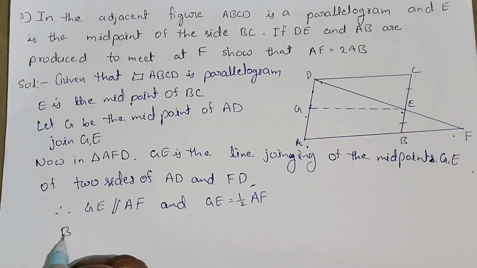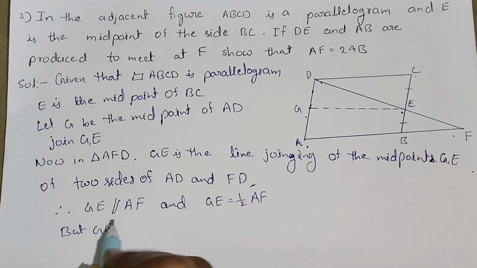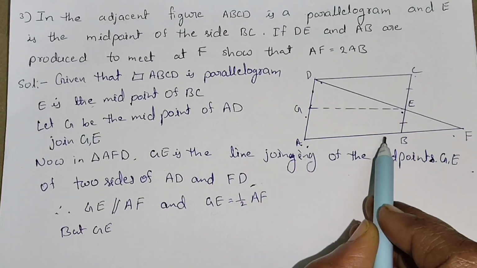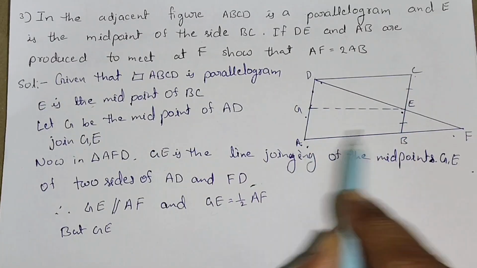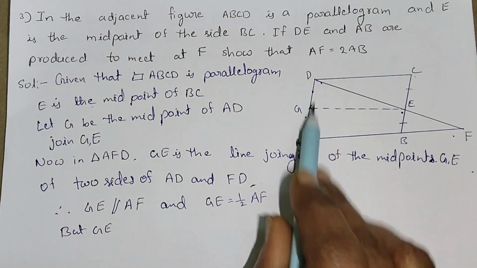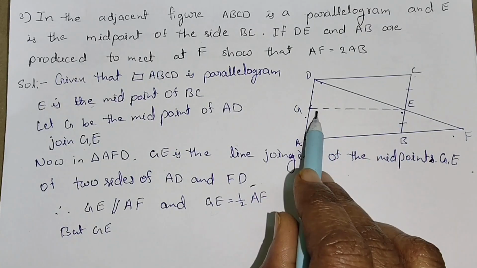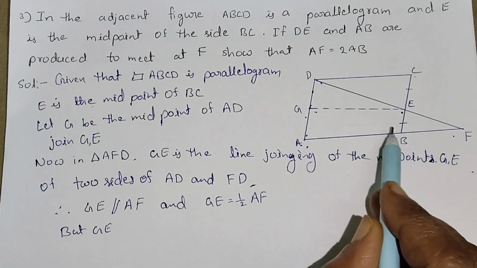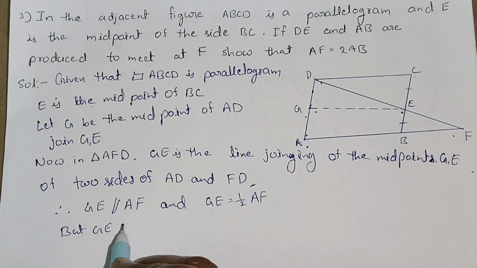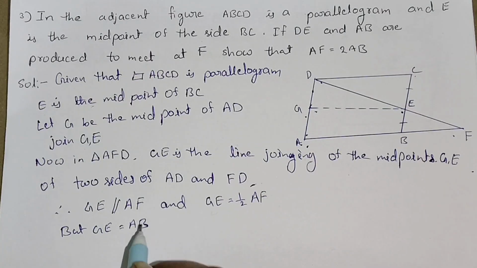Now here already we know that GE equal to AB because ABCD is a parallelogram. So these are the midpoints of the other two sides. So these two are parallel. GE and AB are parallel lines, so parallel lines means these two are equal. GE equal to AB.